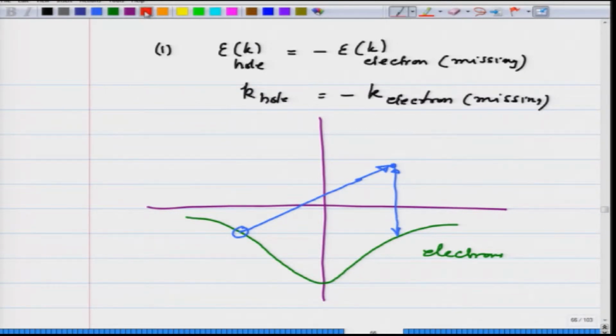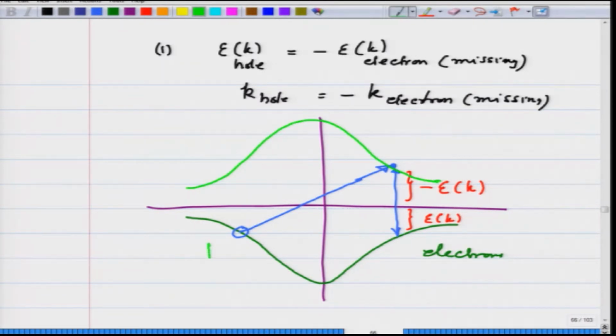So, let me make this E k, this will be minus E k, and k also switches. So, I am going to have the whole band like this.